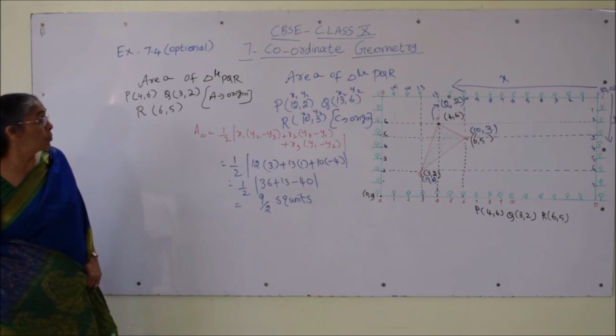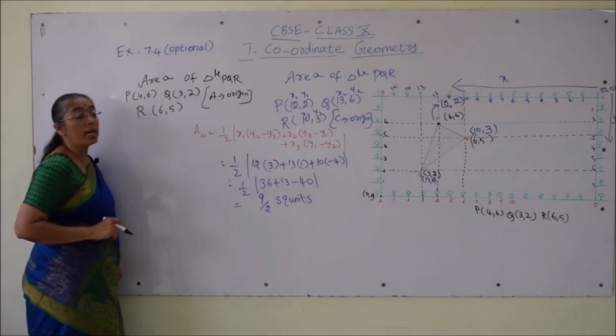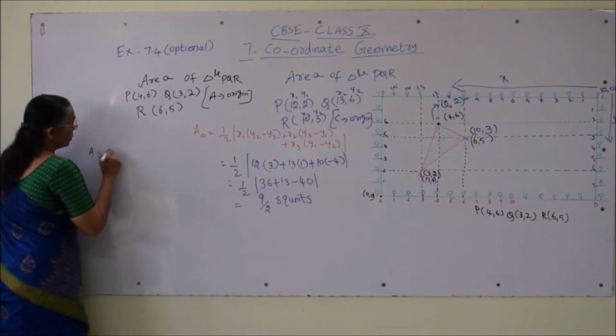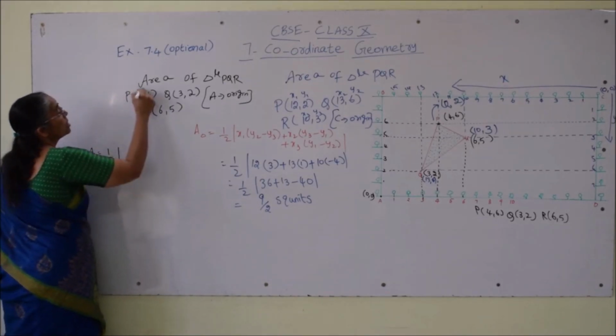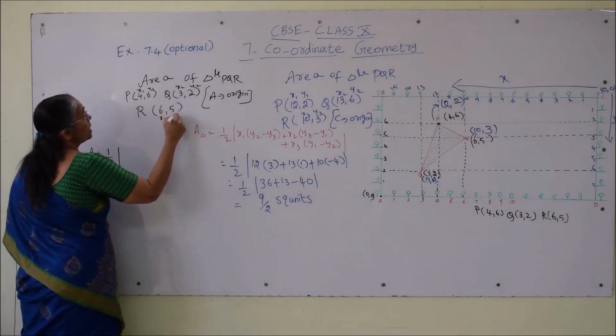Now let us do the area of triangle PQR when we take A as the origin. So we will get area is equal to half mod here. This is x1 y1, x2 y2, x3 y3.